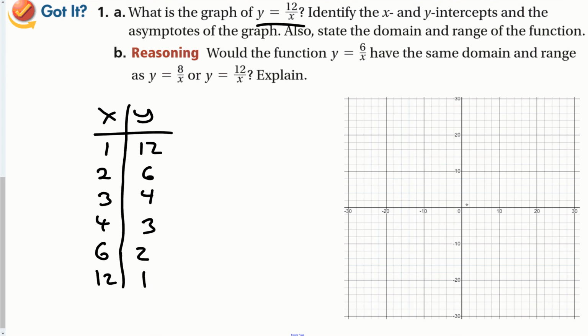All right, so 1 would be 12, 2 is 6, 3 is 4, 4 is 3, 6 is 2, and 12 is 1.